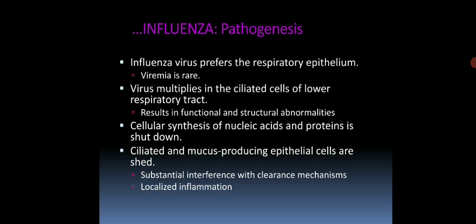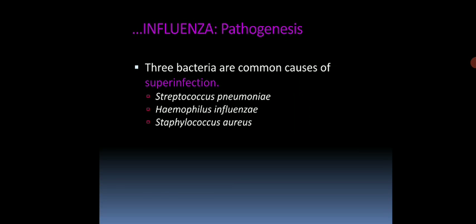So we can see substantial interference with clearance mechanisms and localized inflammation. There are 3 bacteria that are common causes of superinfection: Streptococcus pneumoniae, Haemophilus influenzae and Staphylococcus aureus. Superinfection means these bacterial infections may occur along with the normal influenza infection.